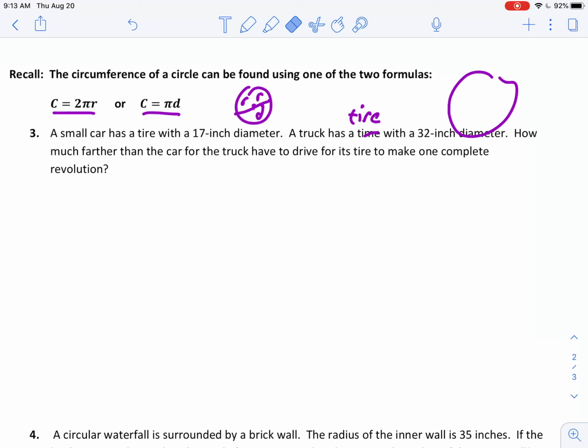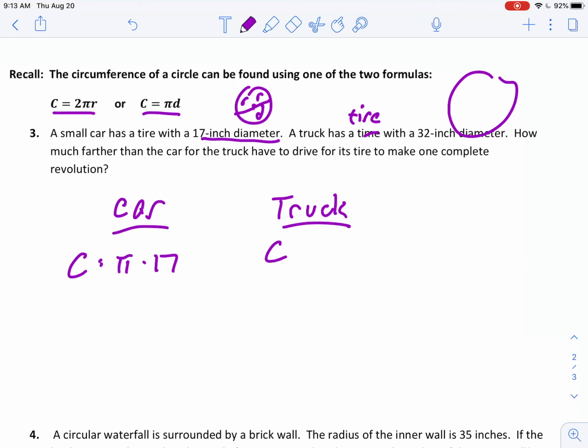So for my car, my circumference is, I'm given the diameter, so I'm going to use pi times diameter, so pi times 17. And for my truck, my circumference is pi times 32.